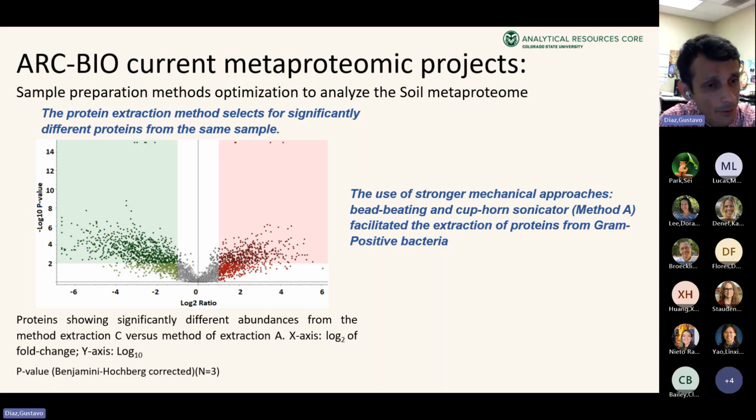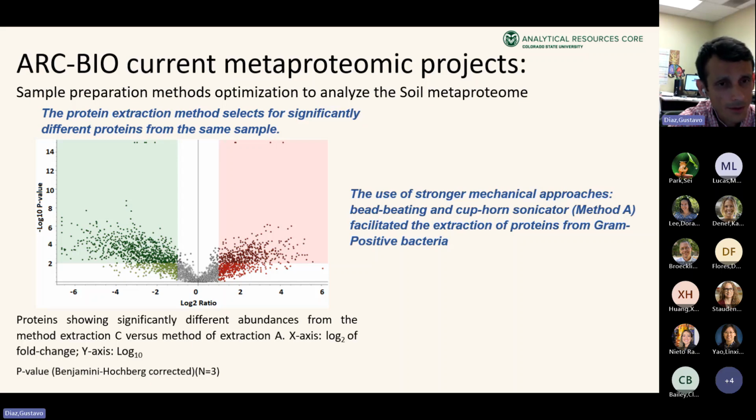Here in the figure we see the fold change on the x-axis and on the y-axis the p-value for the significance of the difference in this fold change. In the red square, you see there are hundreds of proteins that are significantly increased, whereas in the green square, there are hundreds of proteins significantly decreased.